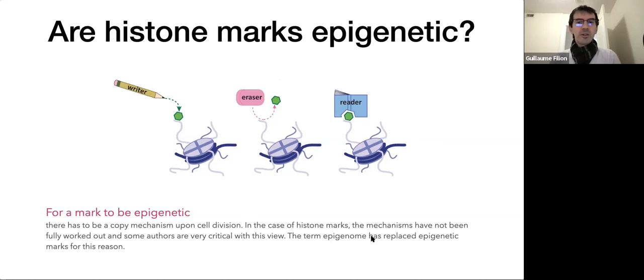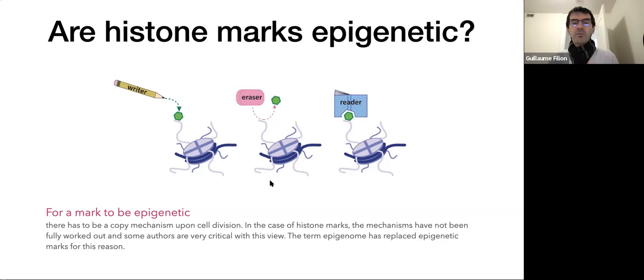So the term epigenome has replaced epigenetic marks for this reason. If you read papers from around 2000 to 2015, you will often see epigenetic marks for these modifications of histones. But from 2015, people have started to use more the term epigenome because, first, they know that some people are quite critical of that, and second, they realize that there is a point here.